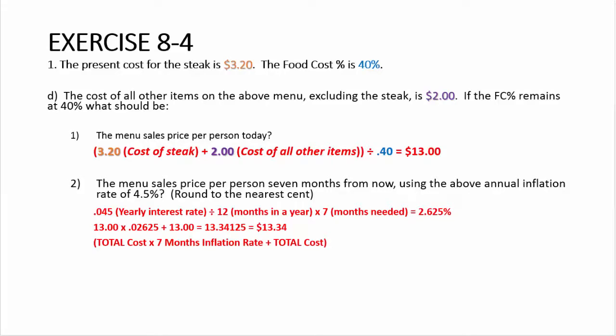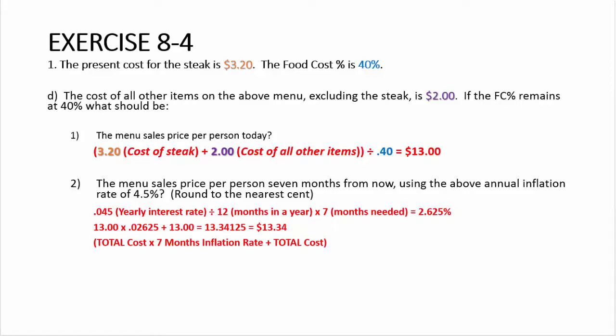Let's divide that by 12, the number of months in a year. By dividing the annual rate by 12 months, the answer will be the inflation rate for 1 month. We'll take that 1 month inflation rate and multiply it by the 7 months we're looking for. Based on a 4.5% yearly inflation rate, a 7-month rate is 2.625%.